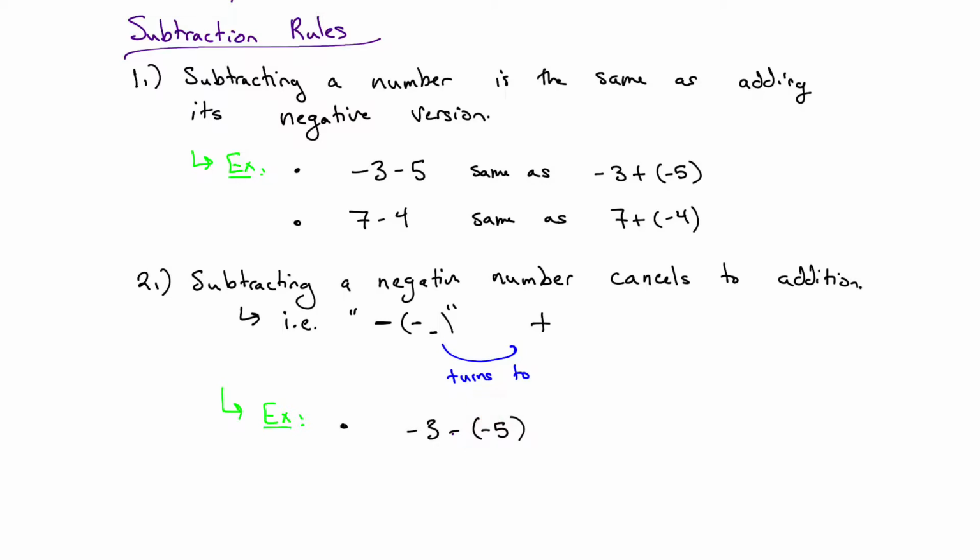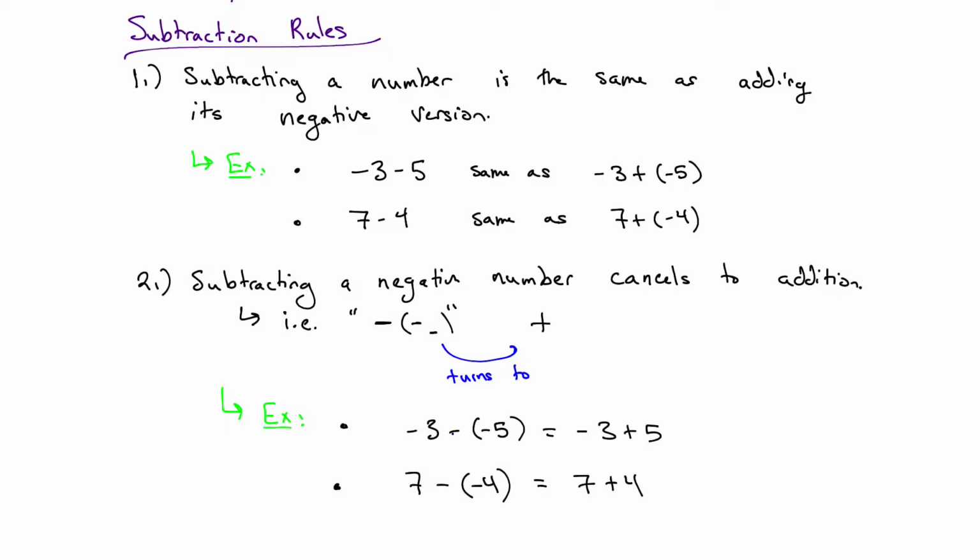It's better to just think of it as changing it to addition for that number. So this becomes -3 plus 5. Subtracting -5 is the same thing as adding 5, and I'll explain in a second because I want to do the next one. If you had 7 minus -4, that's the same thing as 7 plus 4.